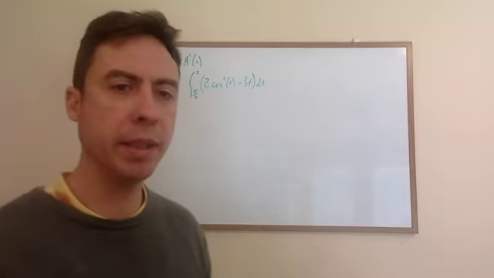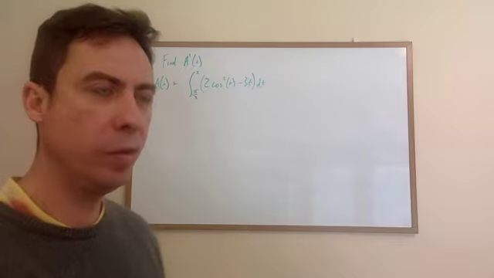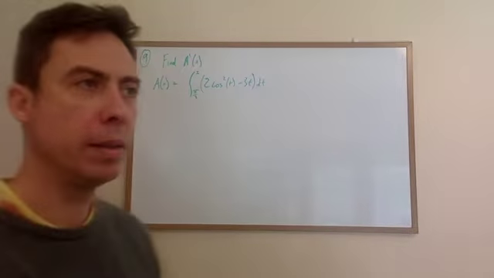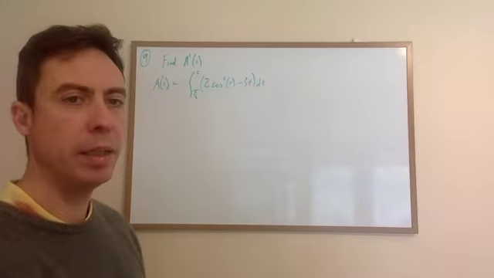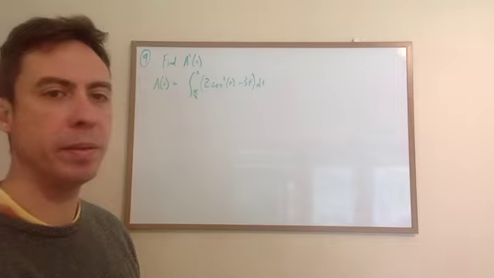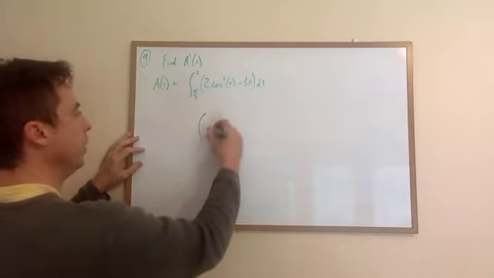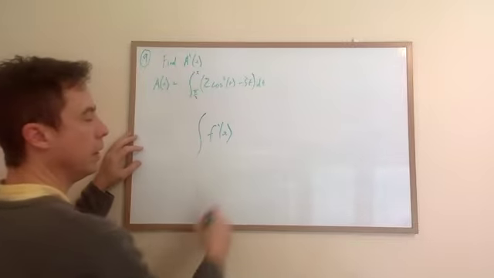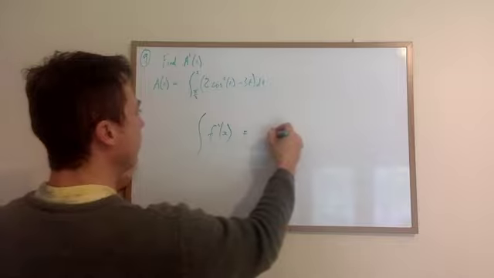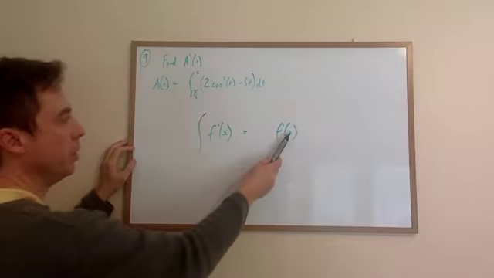Okay, this is question 9 from review set 4B. There's a formal logic to this question, which is kind of interesting, although maybe a little bit of an odd question because, you know, the integral of a derivative gets us back to the function, and if they said, what's the derivative?